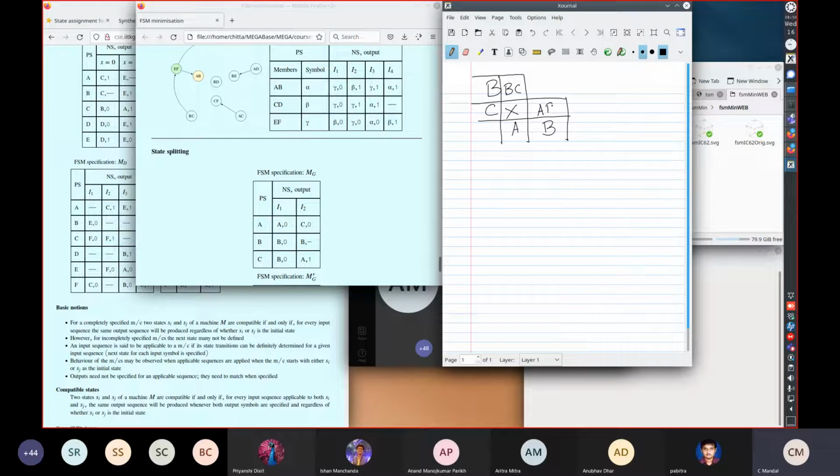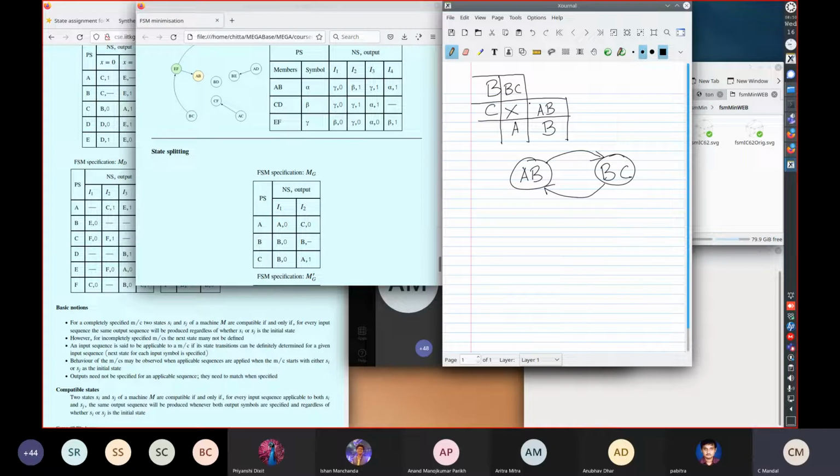All right. So let us have AB and then you have BC. You have a similar situation, right? AB depends on BC and BC depends on AB.